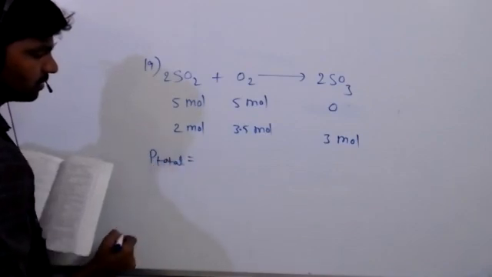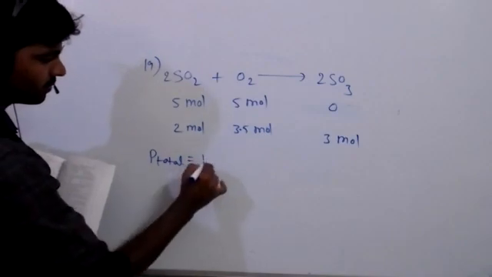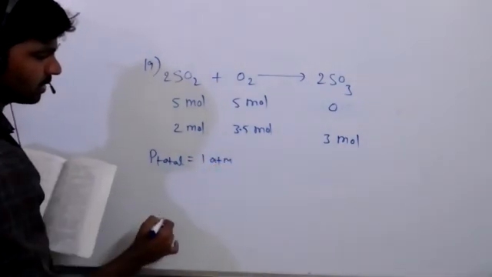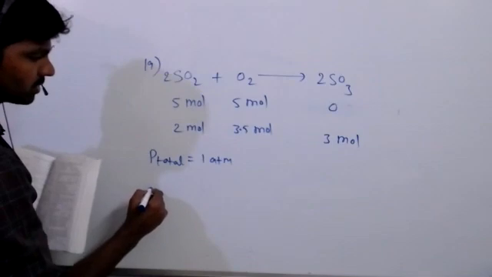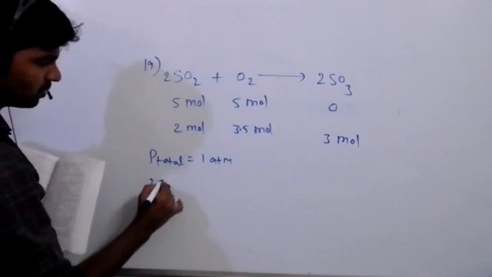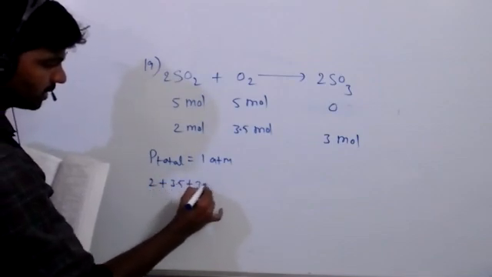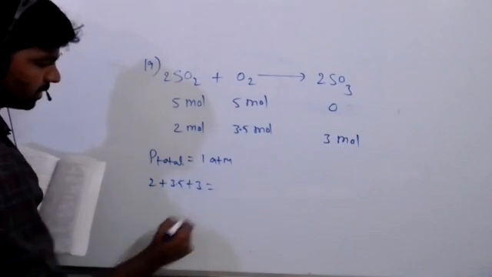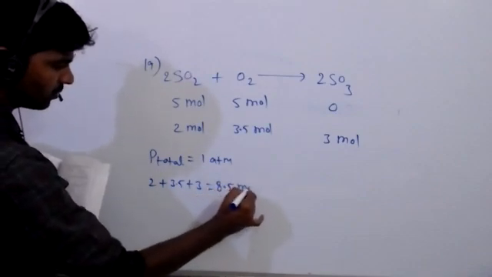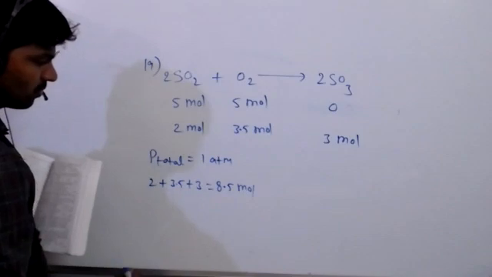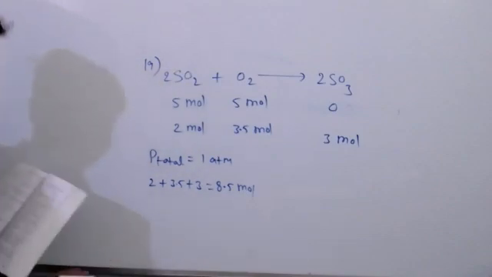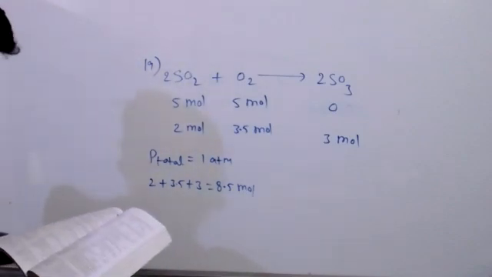P total is equal to 1 atmosphere. Calculate the total number of moles: 2 plus 3.5 plus 3, that is 8.5 mole. Now we want the partial pressure of oxygen.